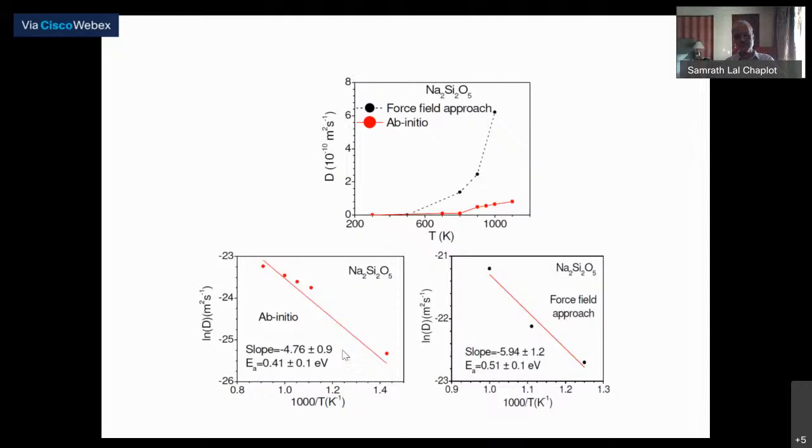These numbers may have error bars because of the finite simulation size, both in terms of the simulation cell size as well as the limited simulation time. But all the same, it gives you a somewhat linear plot, and you can calculate an activation energy by fitting it to a straight line. This is a typical number, about half an electron volt. The same simulation was done with the ab initio method, and also with a force field.